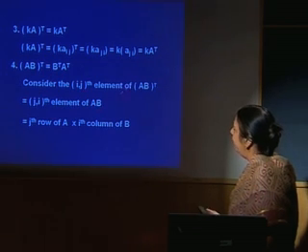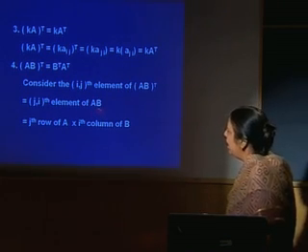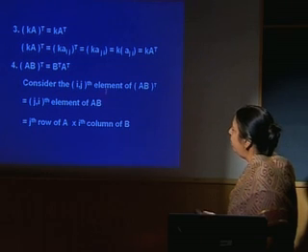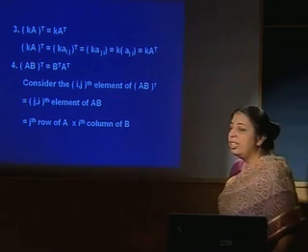The ijth element of (AB) transpose is the jith element of AB. Now, by definition of multiplication, the jith element of AB is nothing but the jth row of A multiplied by the ith column of B, because we said that matrix multiplication is row multiplied by column.